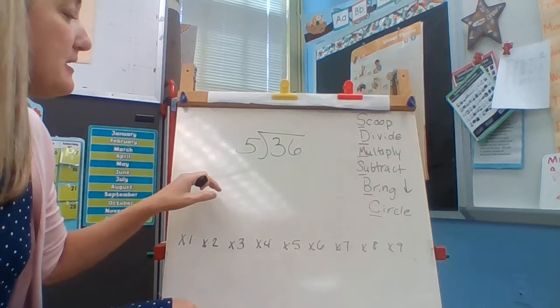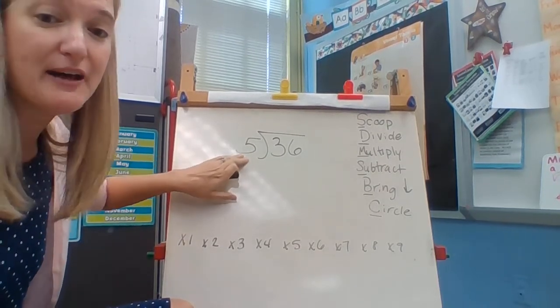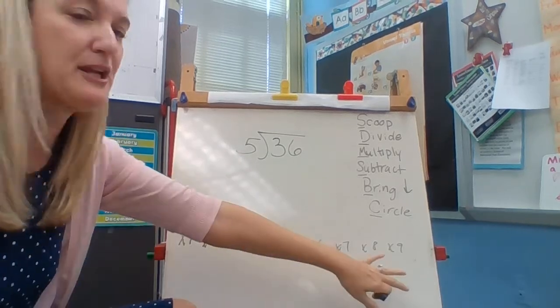The first thing I'm going to do is take my divisor of 5 and skip count it down here to save me some time.